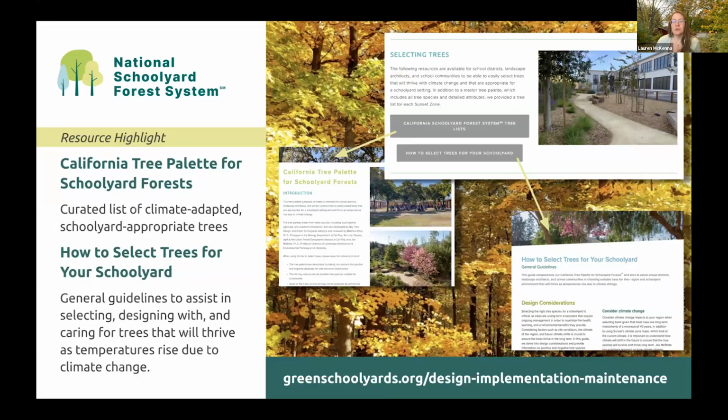Also, the general guidelines on how to select trees for your schoolyard are geared toward assisting schools in choosing suitable trees for their region and schoolyard environment that will thrive long-term. Both resources can be found in the Design, Implementation, and Maintenance chapter in our library and the link in the chat. And again, we'll go over both of these things in much more detail today.